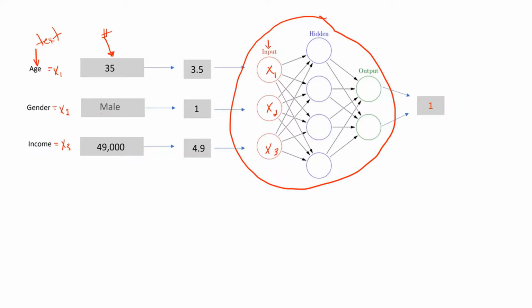Here we have text. We can't do that, so we've got to turn that text into a number. Male or female? Male is equal to 1, so there's our 1. Female is equal to, so sad looking F, isn't it? 0. How about 49,000? That's a number, but it's too large.